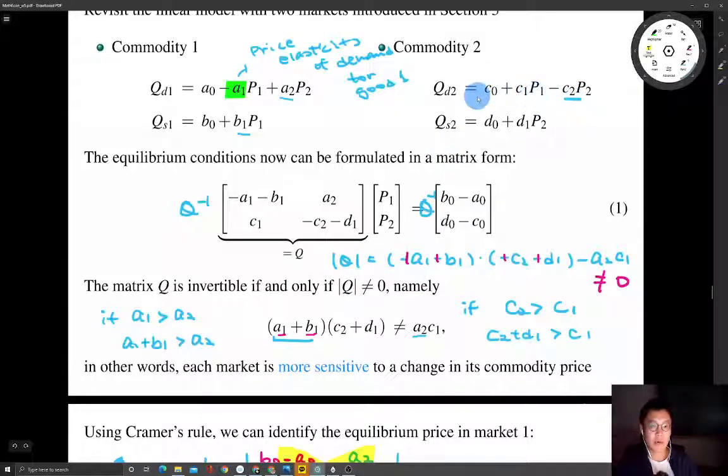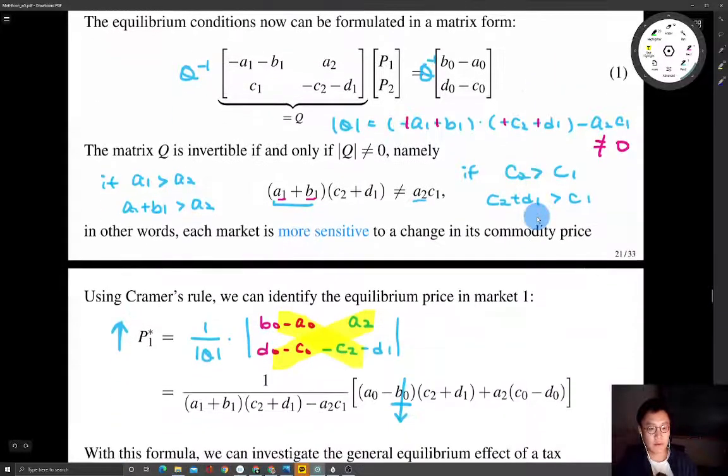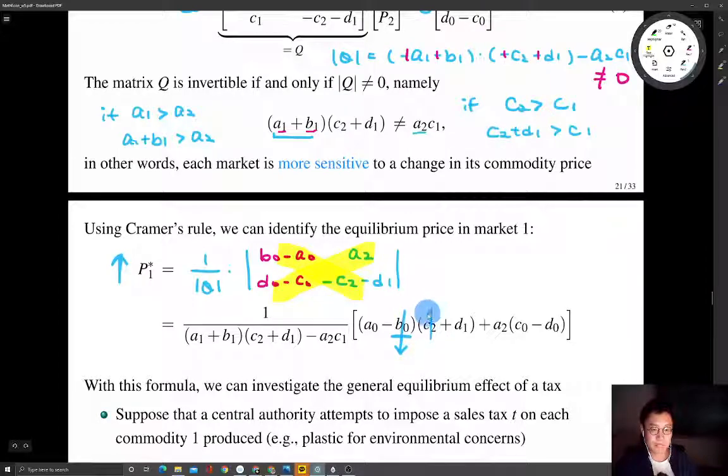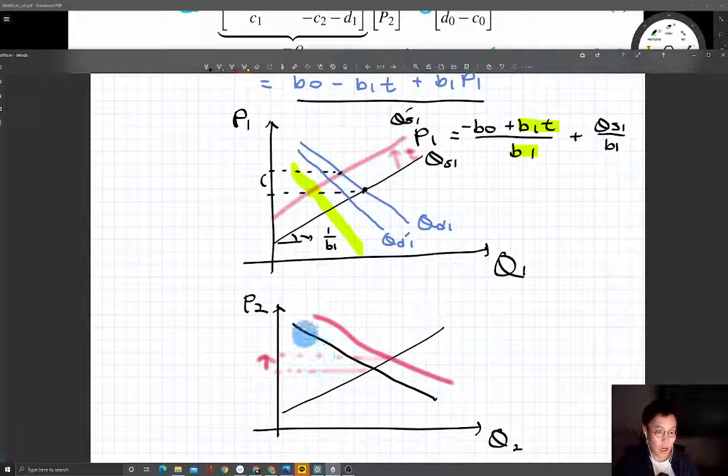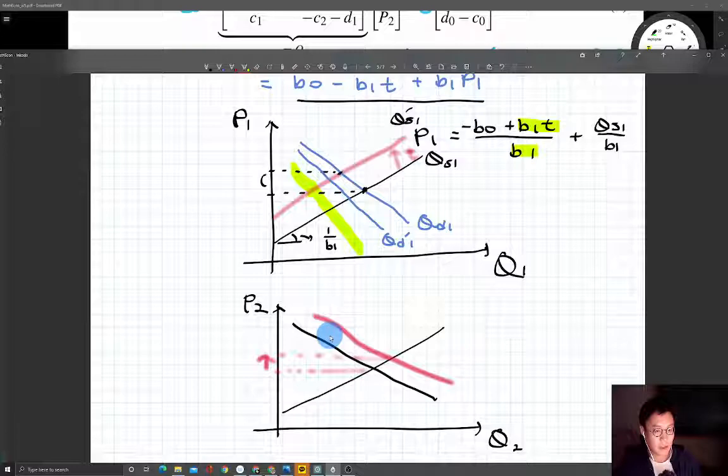The price sensitivity of demand with respect to P2 is measured by C2. If C2 is large, which means people respond very sharply to a change in the price of good 2.